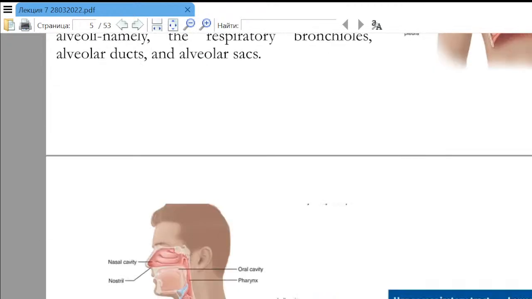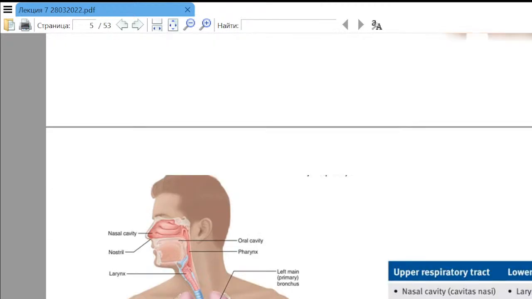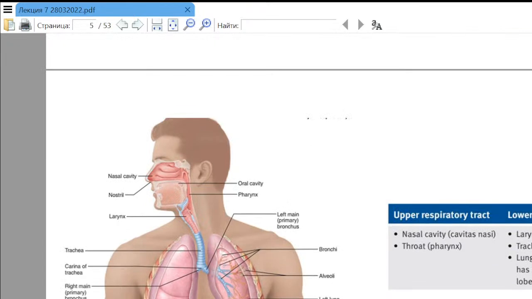The conducting zone is divided into two parts. The upper respiratory tract, which is the nasal cavity, cavitas nasi, and pharynx.